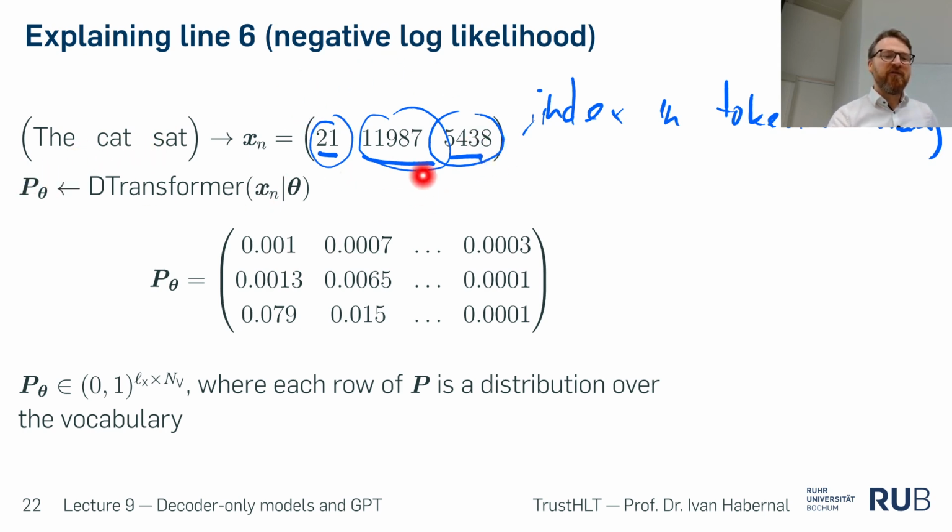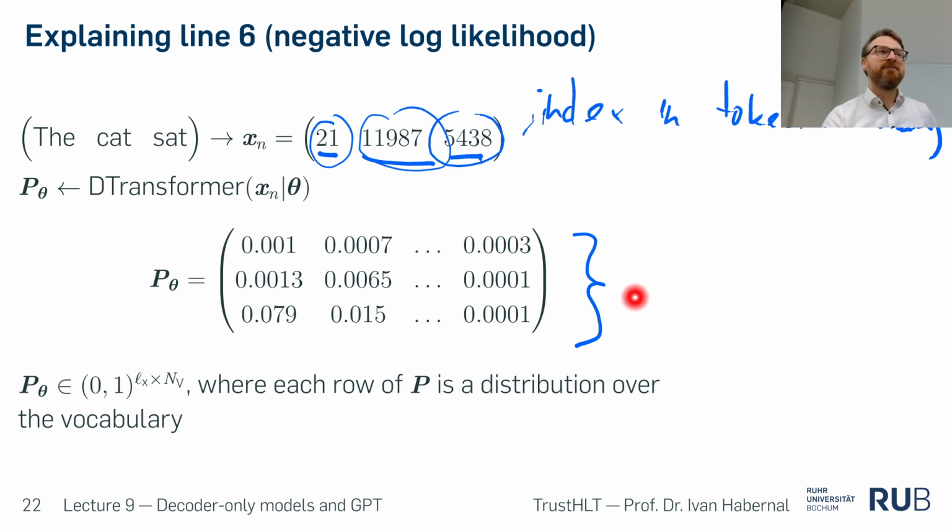We run it through the transformer. And after the last layer and projecting to vocabulary, again, we get this matrix. So again, a sanity check. What is this number corresponding to? The dimension, like how many rows do we have here?